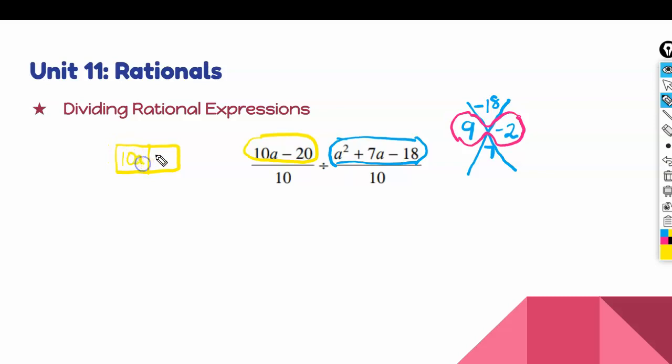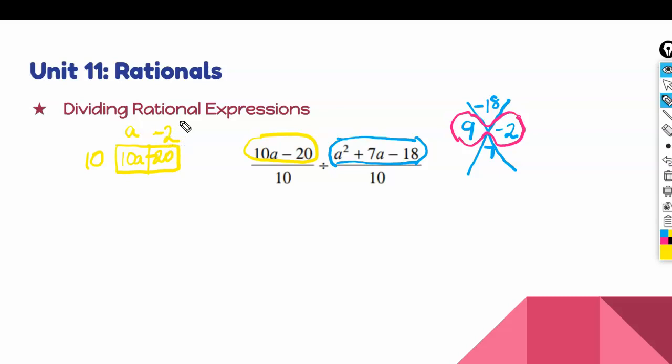But when I look at 10a and 20, what do those two terms have in common? Well, they are both divisible by 10, meaning I can take a 10 out here. And what am I left with? I'm left with an a. Oh, and that's a -20. My bad. And so I'm left with an a, and I'm left with a -2.